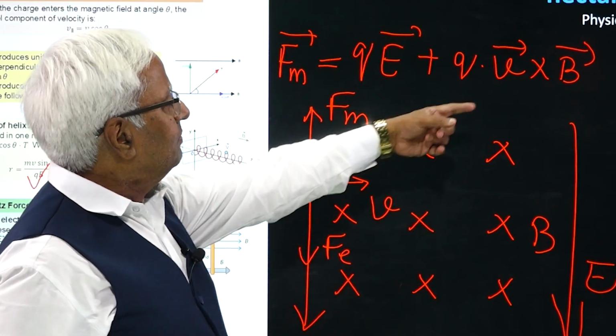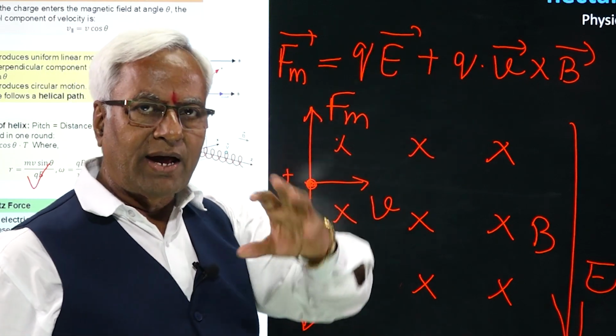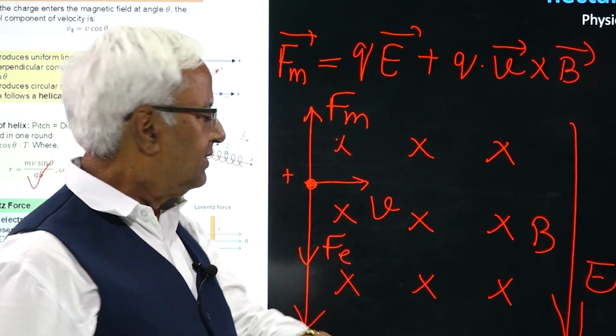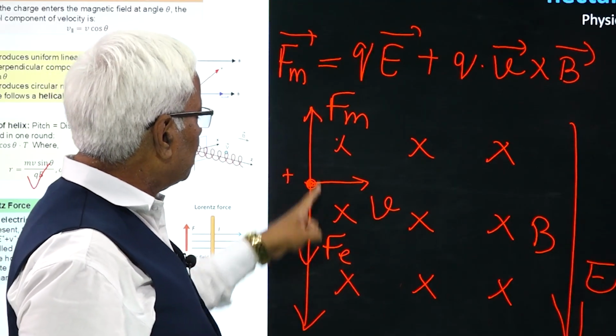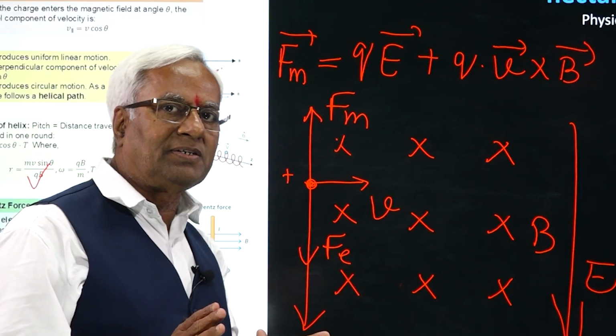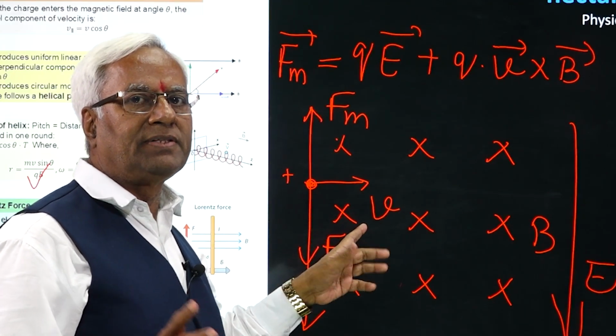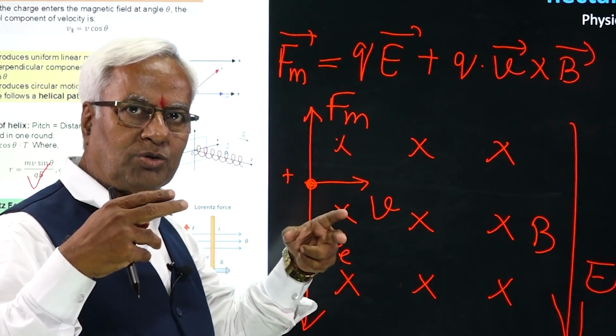Now, by varying or changing the value of these quantities which are in your control, you could manage that. You can bring the situation Fm equal to Fe. Direction wise, you are satisfied that both are opposite here. Simply you have to maintain that the two become mathematically also equal.